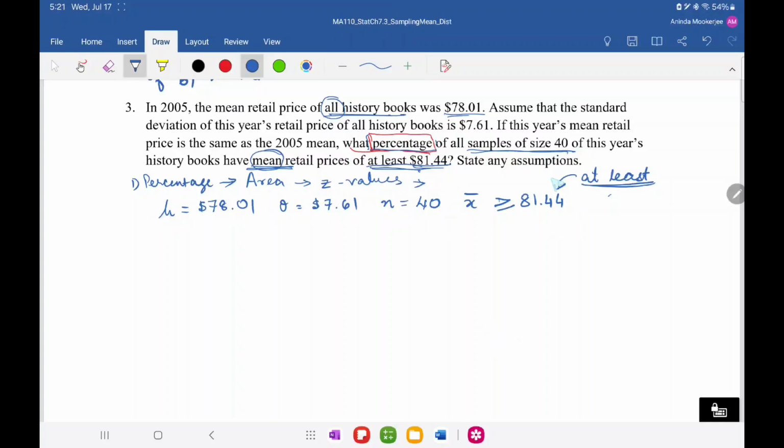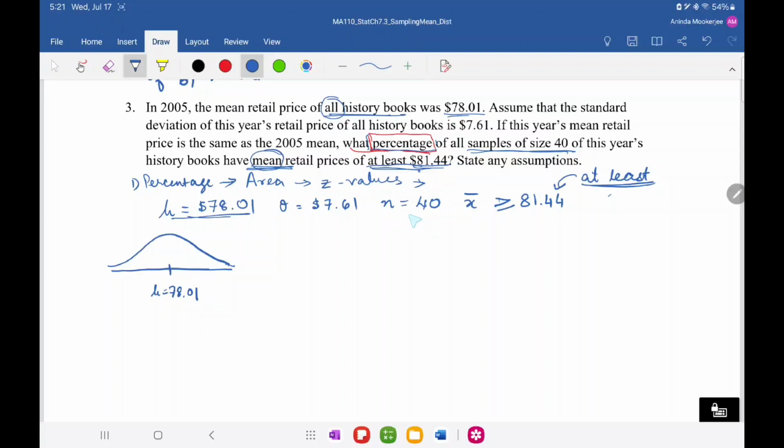Now, given this information, what I'm going to do in the next step is to draw my curve, the normal curve, using these values. So first I'm going to just draw this curve here. Again, a normal curve is a symmetric bell-shaped curve, and at the center of it will be the population mean. So 78.01, that's the population mean.